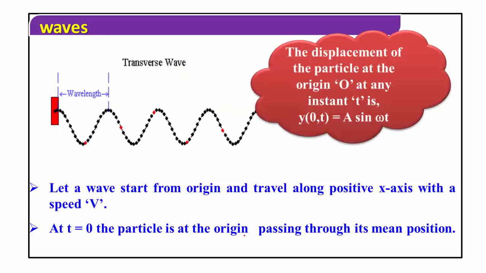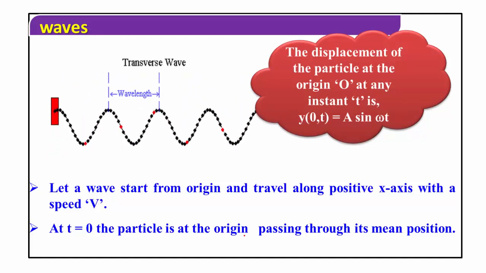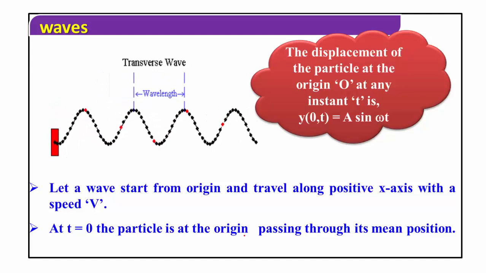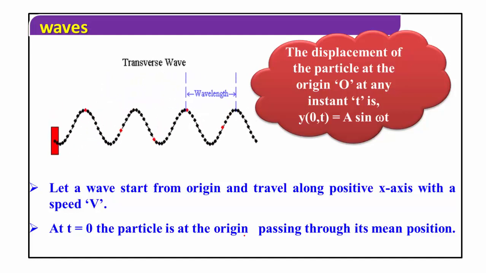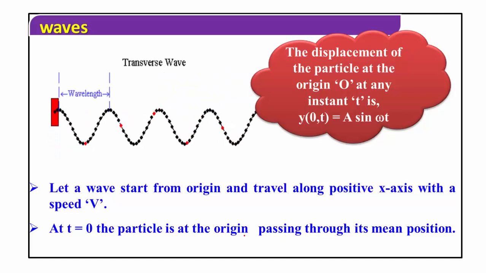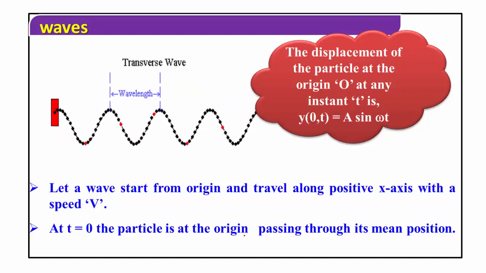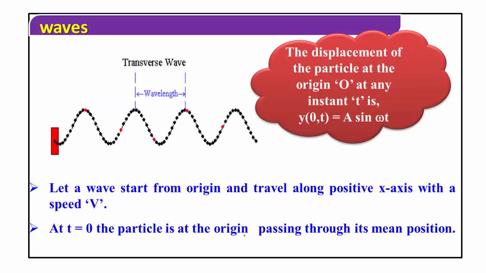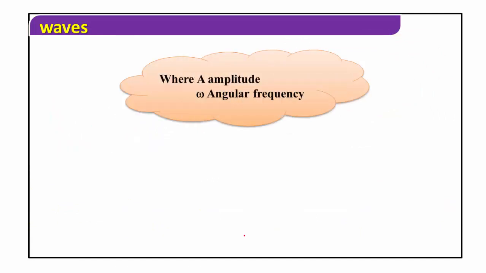The displacement of the particle at any instant is y equals a sine omega t, the formula for simple harmonic motion, where a is the amplitude and omega is the angular frequency with respect to time t.